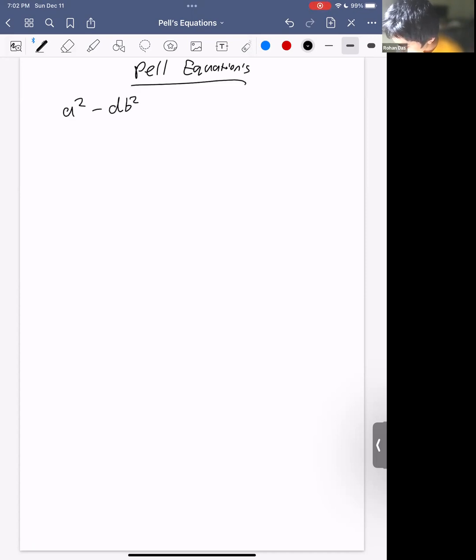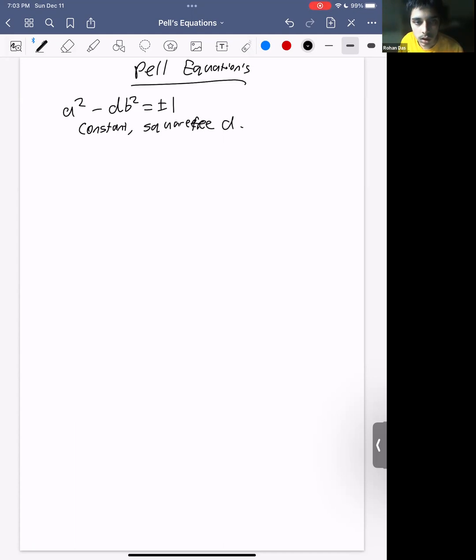Okay, so this is a lecture on Pell's equations, which are of the form a squared minus d times b squared is equal to plus minus 1 for some constant square-free integer d.